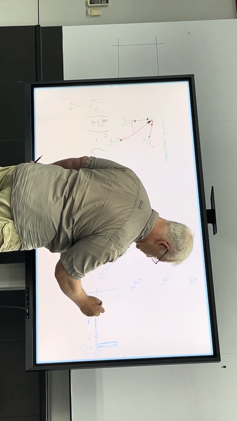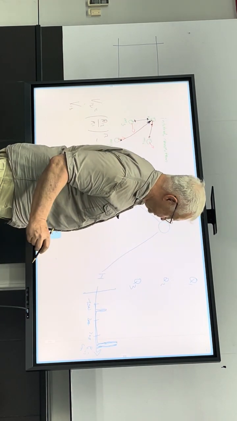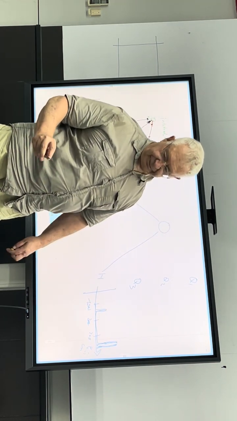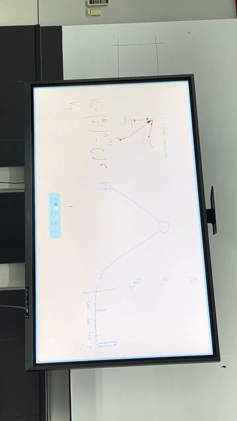And if you take this Cartesian 9 times 9 matrix, of course you get 9 eigenvalues, but 6 are 0, because translation has vibrational frequency 0 and rotation has also vibrational frequency 0.